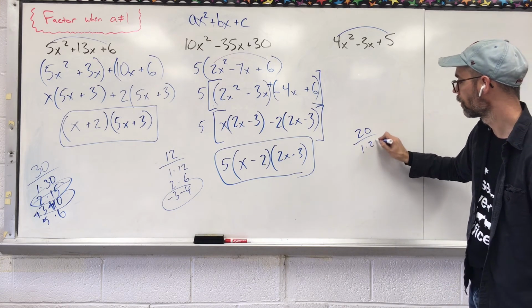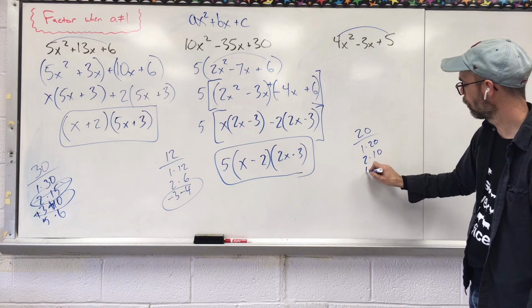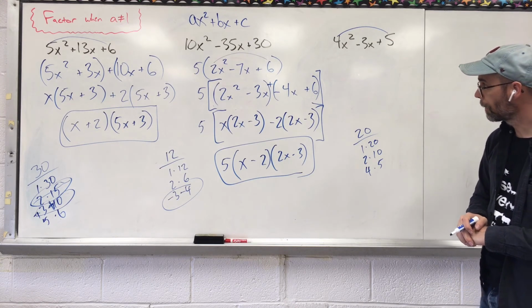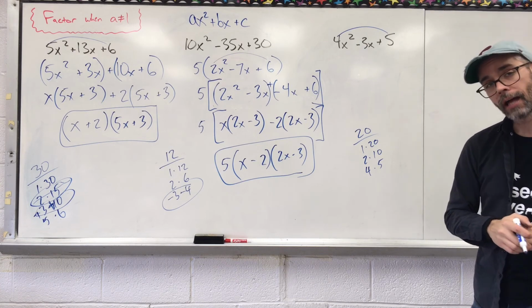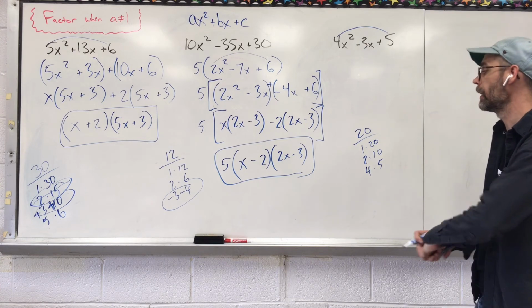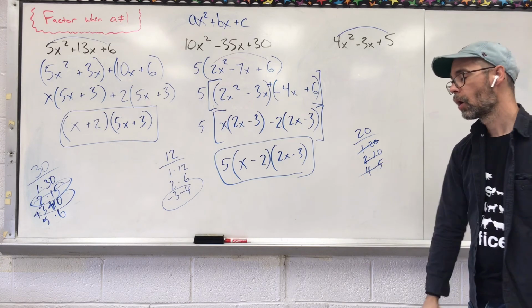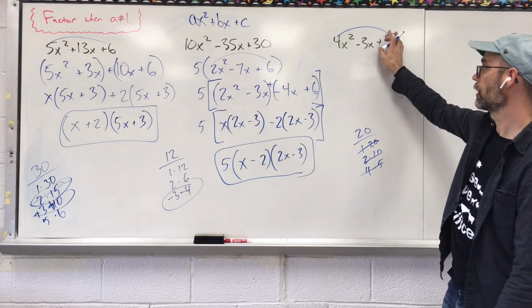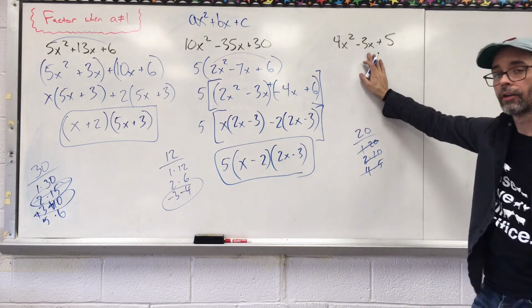Come up with a list. 1 and 20, 2 and 10, 3 no, 4 and 5, and then that's it. Of all of these pairs, will any of them add or subtract to give us a 3? Nope, nope, nope. Because there's nothing that will multiply together to give us this 3, I cannot factor this trinomial.